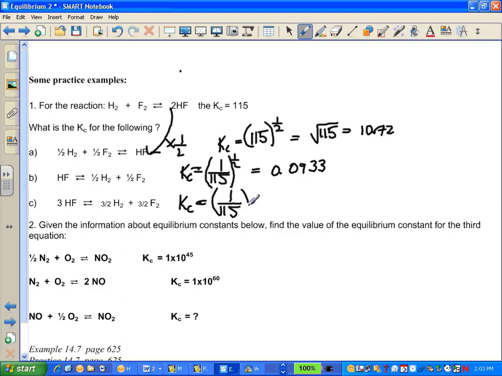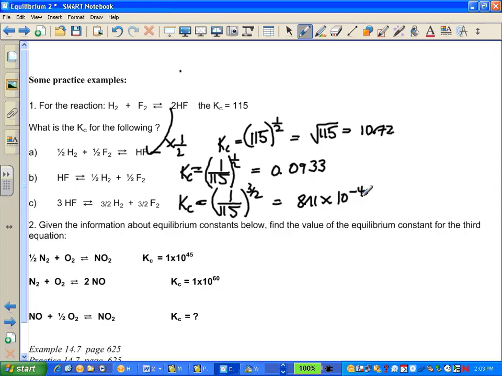Because it was multiplied by 3/2, it gets raised to the 3/2. And what we are left with is a value of 8.11 times 10 to the -4. So those are some straight manipulations, and it is important to be able to do those manipulations.